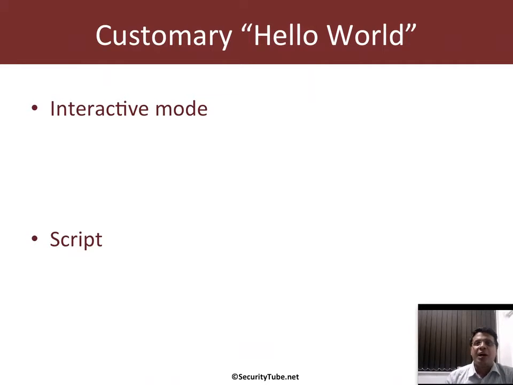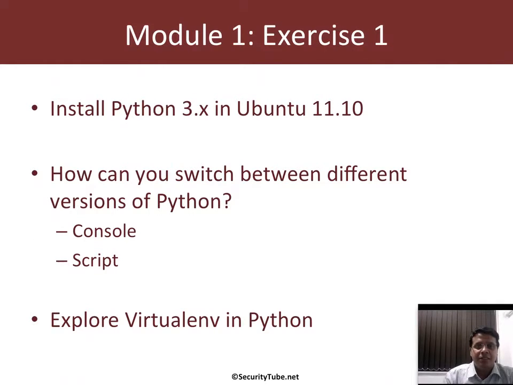Okay, so I would encourage you to install Ubuntu and go ahead and create your first customary Hello World program. And after that, go ahead and try this exercise out. Now, if you remember in the video, what we found was that Python 2.7.2 was what was installed on your Ubuntu system. The exercise is to install Python 3, and then here's a quick question.